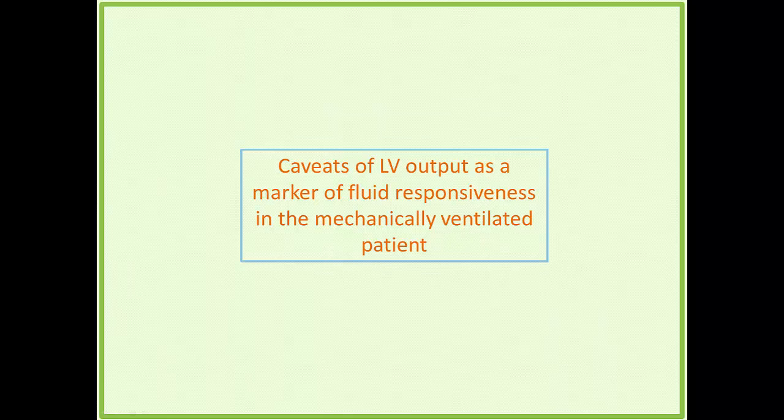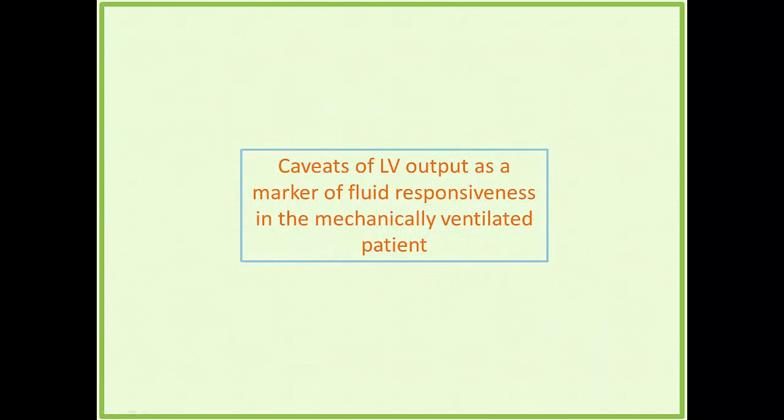And we'll get into some of the physiology of why some patients may have pulse pressure variation and may not be volume responsive, and again that would be false positives or a degraded specificity, or why patients may not have pulse pressure variation and may still be fluid positive, and that would be false negatives or a degraded sensitivity.